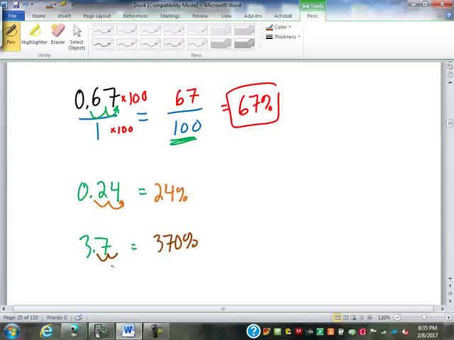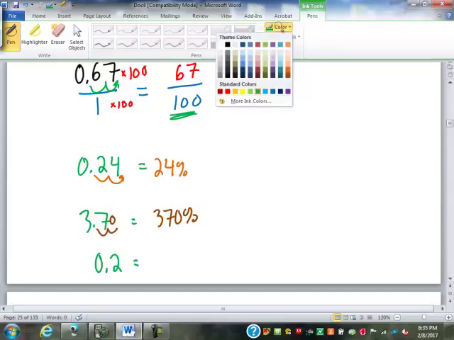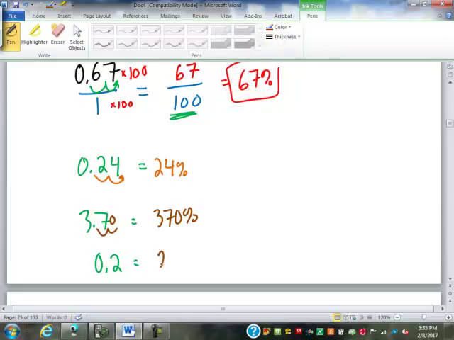Multiplying by 100 or moving the decimal 2 spots to the right, we have to add a 0. If we have 0.2, what's that become as a percent? 20%. Good. Moving it 2 spots to the right, or multiplying by 100, we have to add a 0. 0.09, what's that going to become as a percent? 9. Very good.